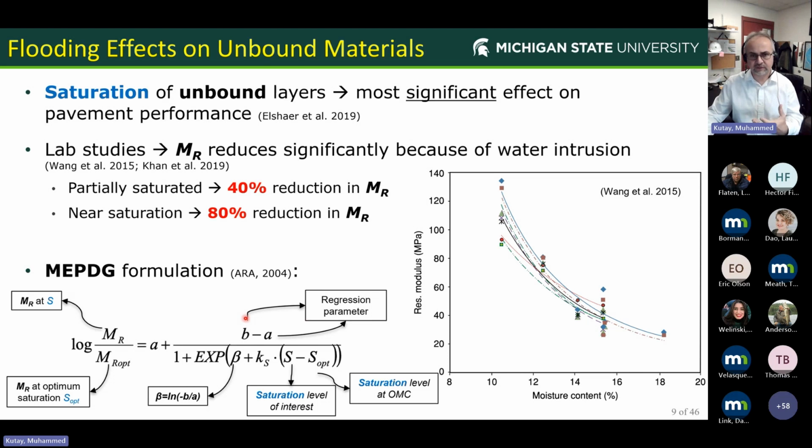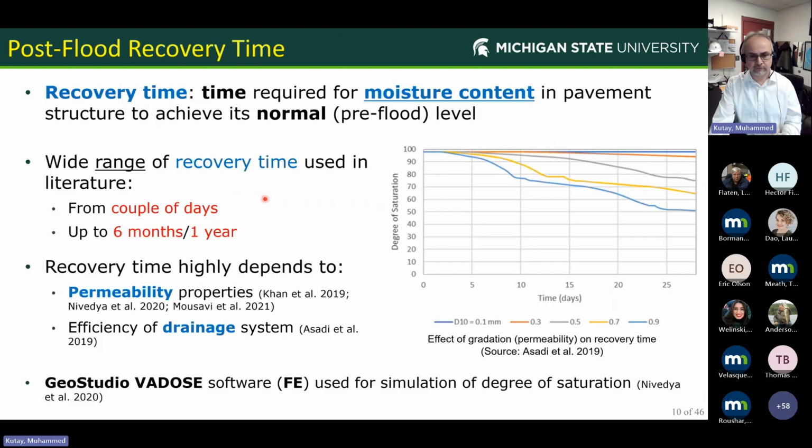So this particular fact is obviously very well known. Some studies show that when you have a partially saturated pavement, you might have about a 40% reduction in MR. When you get closer and closer to saturation, you might have even up to an 80% reduction in resilient modulus. So these are significant effects that can affect the overall pavement structure.